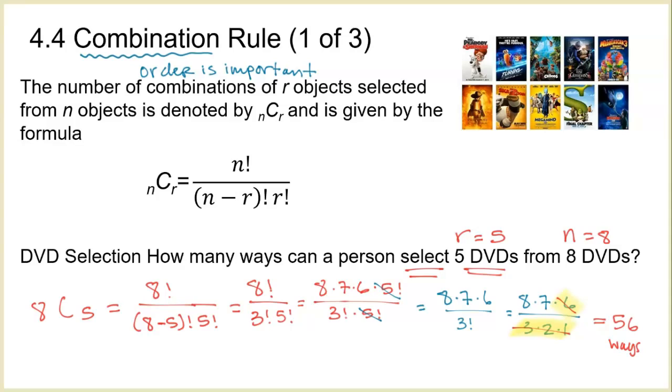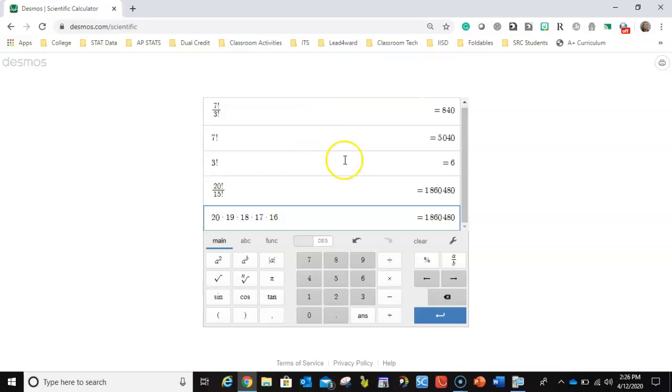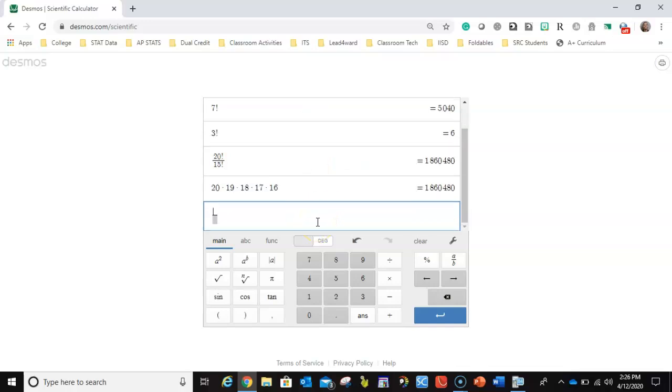We can evaluate this here. If we look at 8 factorial divided by 3 factorial times 5 factorial, we get 56.